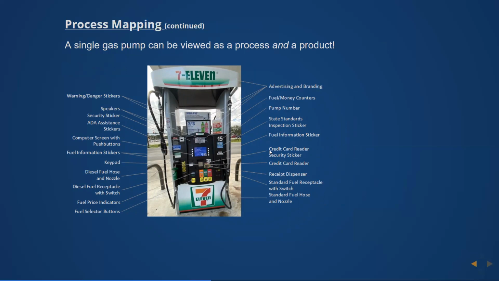There is a ton of stuff and it all serves a different purpose. Any one of those things could be part of a process of some kind, and that's just the stuff outside the pump. Inside the pump, there are pumps and valves and little tanks and measuring devices and electronics and communication and so on. So again, you gather information about it based on what you're trying to do.